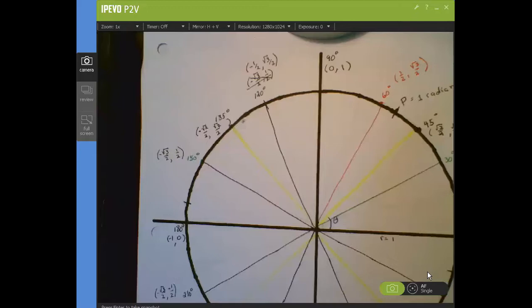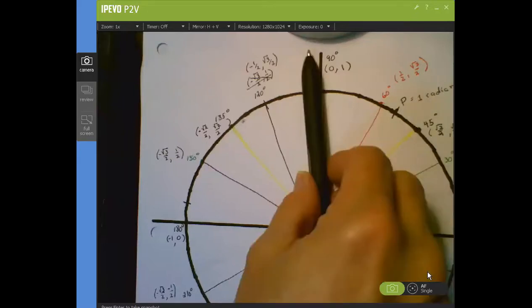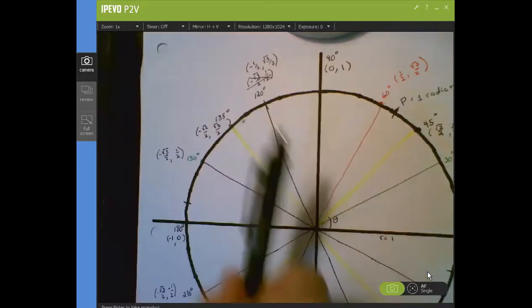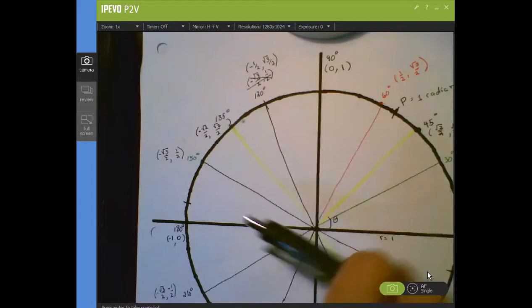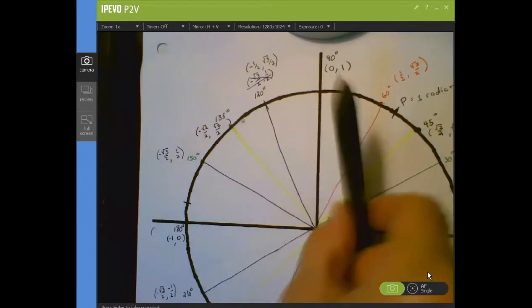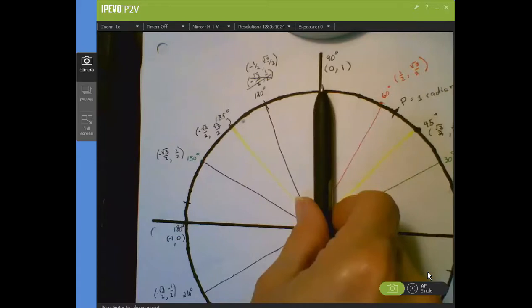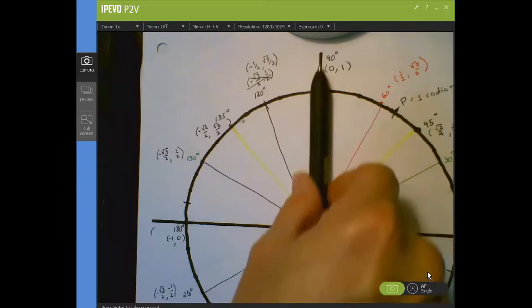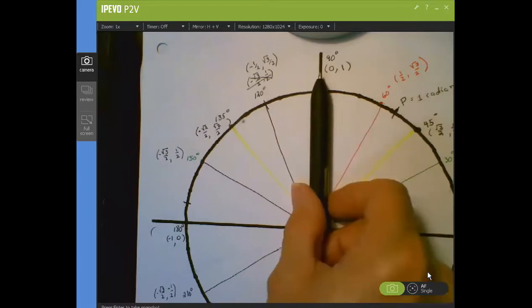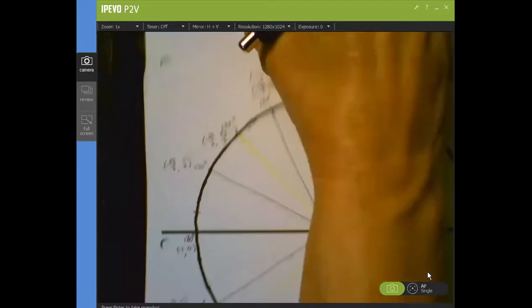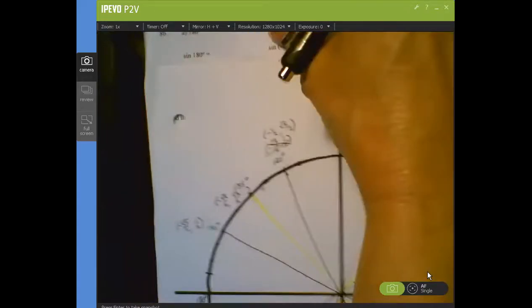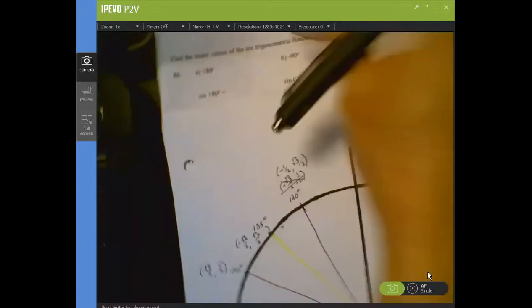Here's 1/2, 2/2, 3/2, 4/2, 5/2. 5/2 pi is on the positive Y axis, and the ordered pair on the positive Y axis is 0, 1.